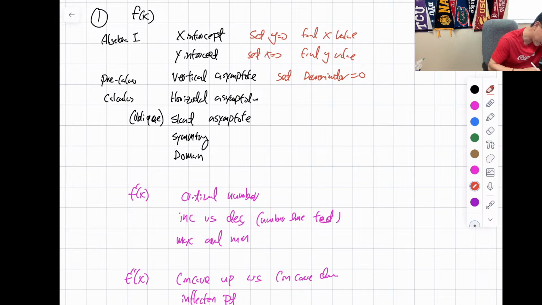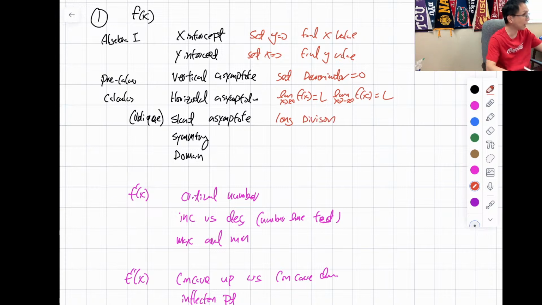And in calculus, the horizontal asymptote is the limit as x approaches infinity, or negative infinity, of f of x equal to L, where L is a number, a constant. Slant asymptote is long division. If you long divide and get x or 2x plus 3, that's your slant asymptote.